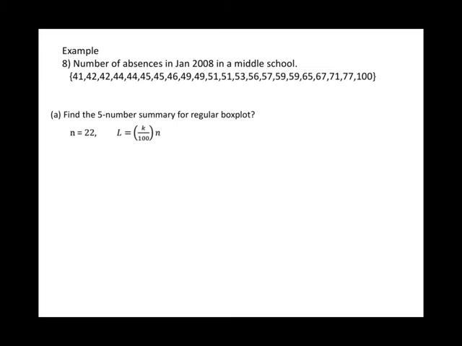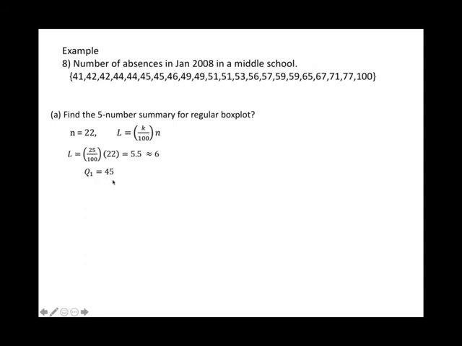So we have 22 data values, and I'm going to use this formula. To find Q1, K equals 5.5. You get a decimal, so round up to 6. The position value of 6: 1, 2, 3, 4, 5, 6. So Q1 equals 45.